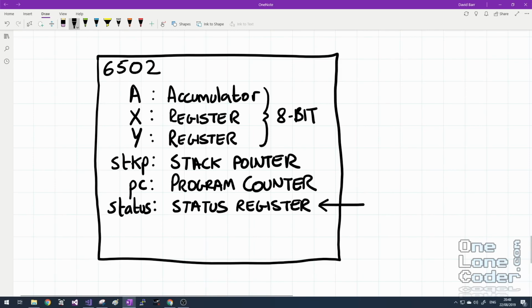Let's talk about the status register real quick. The status register is a way of trying to keep track of a lot of the questions that need to come up in a computer program, such as when we're doing a comparison. If this number is negative, okay, how does the ALU tell whether a number is negative?